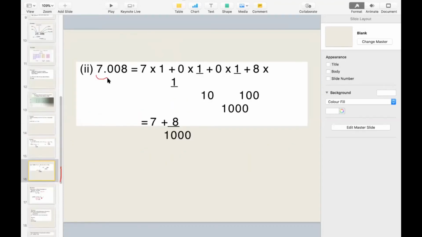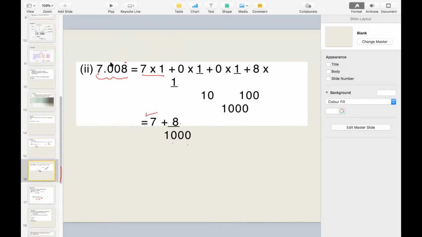Another example we have taken is 7.008. 7 is a whole number at the ones place, so 7 multiplied by 1, that means 7. This 8 is at the thousandth place, so 8 upon 1000.